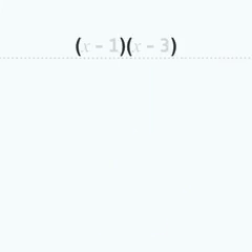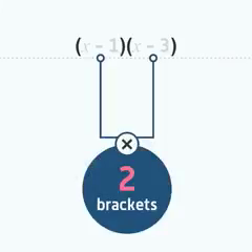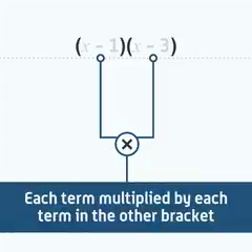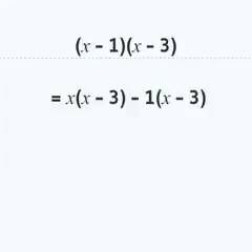You can also have two brackets multiplied together. Each term in one bracket needs to be multiplied by each term in the other bracket. For example, (x - 1)(x - 3) = x(x - 3) - 1(x - 3).